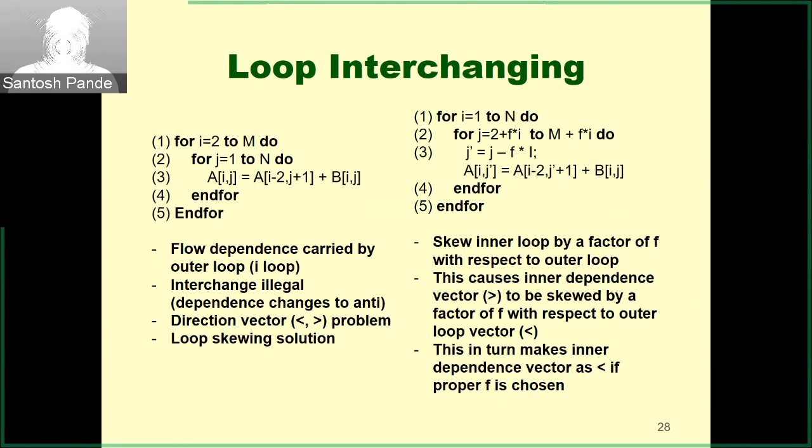Now, if you switch this around, you are going to have a problem, and that problem will be as follows. The outer loop is now in the greater direction, and because of that, the dependence will switch from being a flow dependence to an anti-dependence.